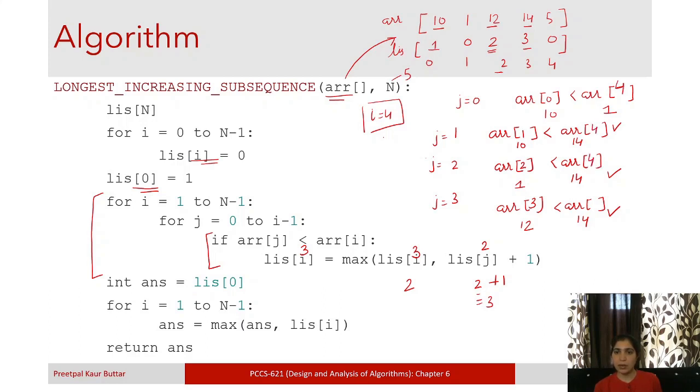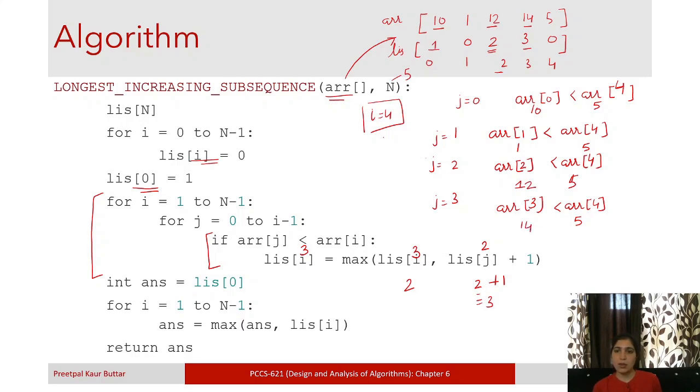So what is array at 4? It is 5. The value at index 4 in the array is 5. Everywhere it is 5. And first we will compare it with array at 0, which is 10. Then array at 1 is 1. Then array at 2 is 12. And array at 3 is 14.